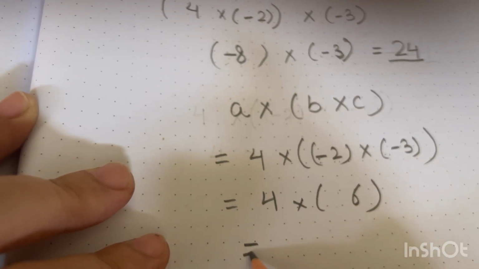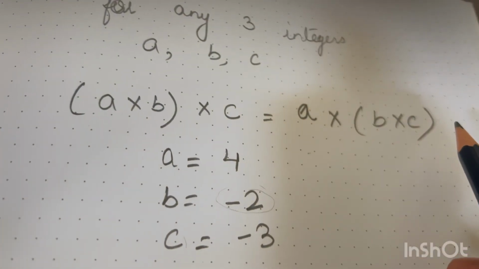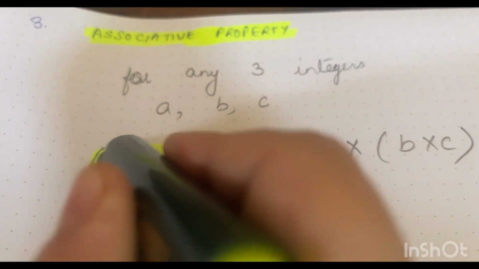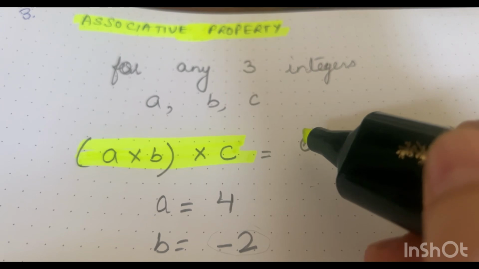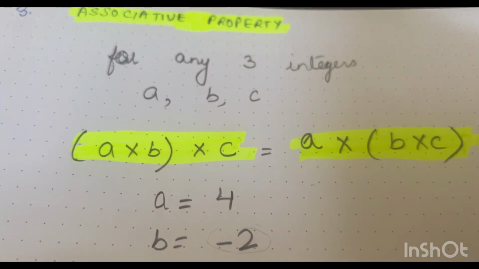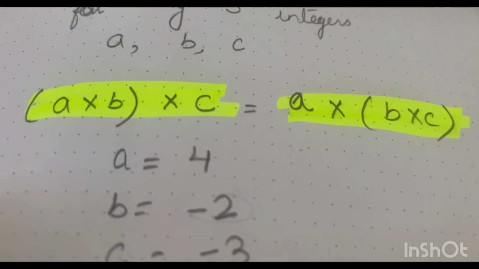So 4 sixes are 24. Now you can see that both the left hand side and the right hand side are equal. So it is proved that (a multiplied by b) multiplied by c is equal to a multiplied by (b into c). So this is the associative property of multiplication.